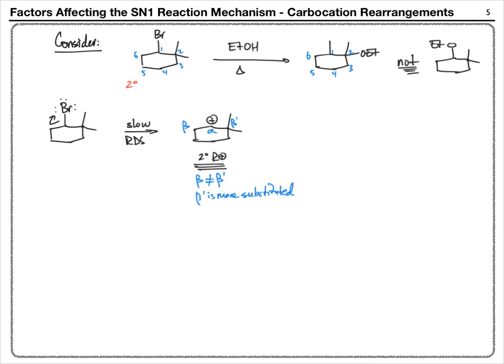Once you categorize that, that gives you a clue in guiding you mechanistically, because rearrangements must occur from the more substituted beta carbon. So in this case, because beta prime is more substituted and there's methyl groups, the methyl group is going to shift.